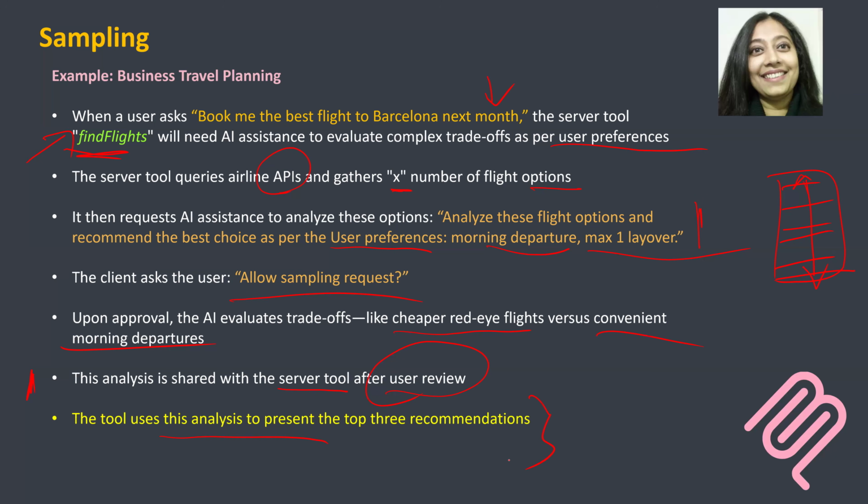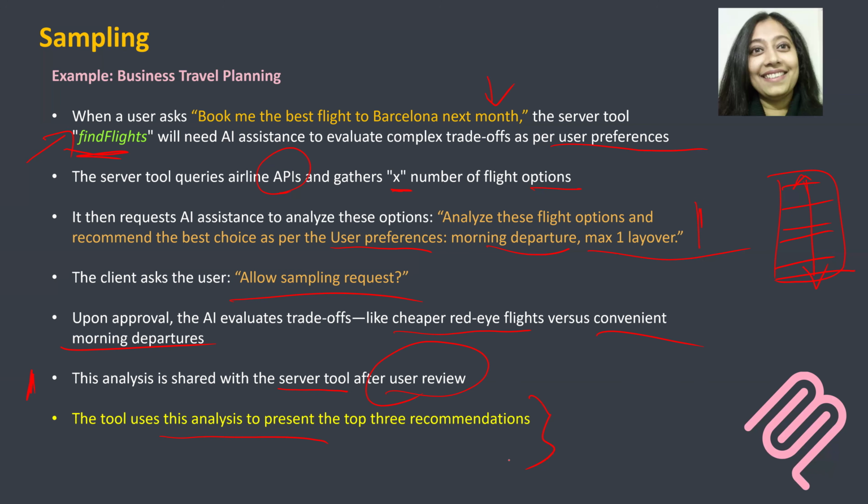So essentially what is happening over here is that the client and the host, along with the user, are basically working on this particular AI model, where the AI model is doing some analysis to find the best flight option for the user. Of course, what the server did was give it all the information.